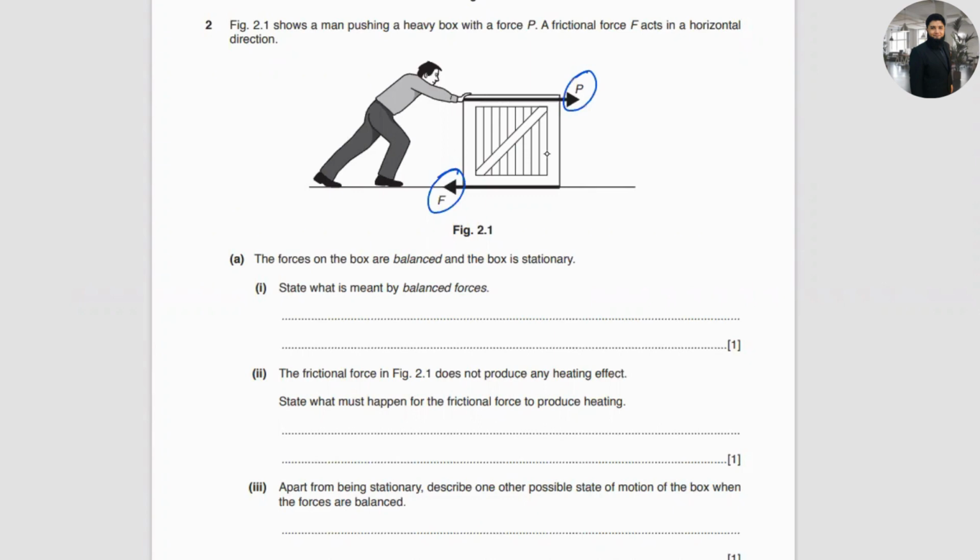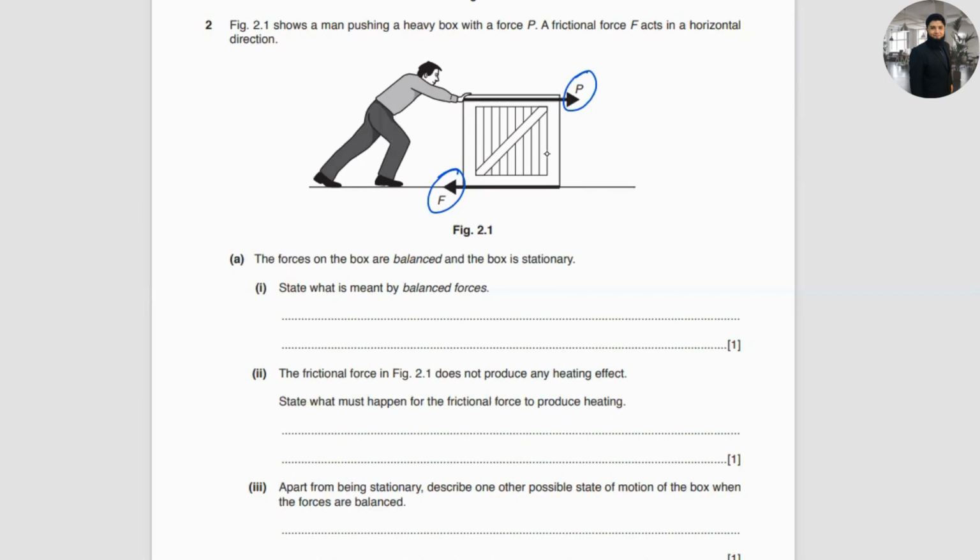The first force is called P, which is exerted by this man, and the other force is the friction force created by the surface in contact with the box. So the forces on the box are balanced, and this box is stationary.